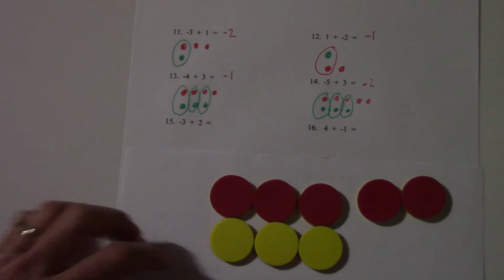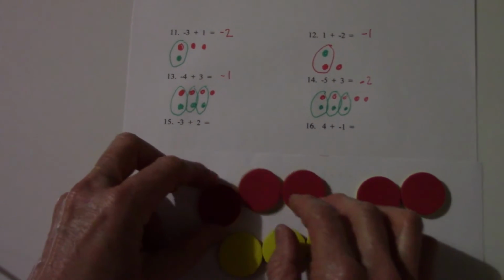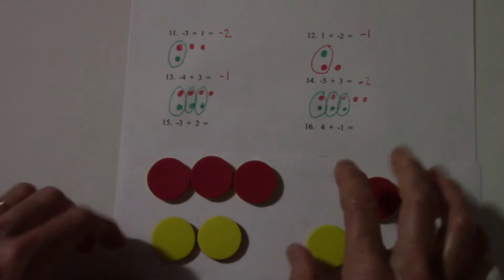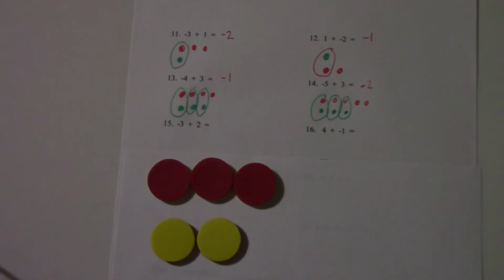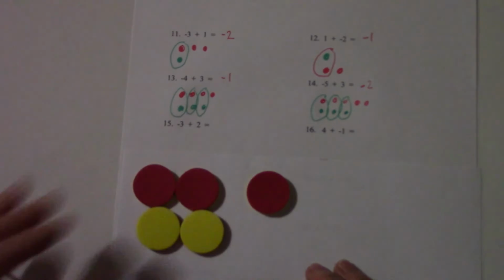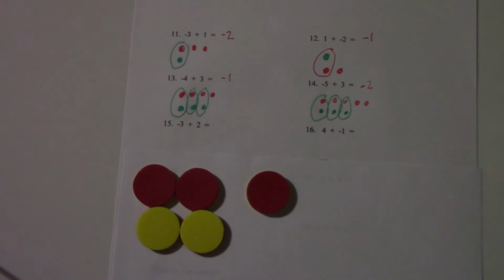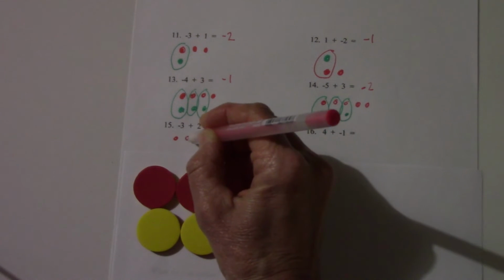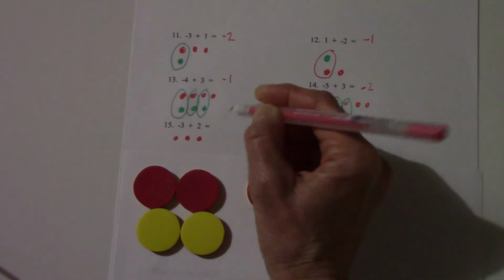So the next problem, I have -3 and a +2. So then again I see here's a 0 pair, here's a 0 pair, and my answer again is negative. So I'm going to see what's going on here. So I have a -1, 2, 3.